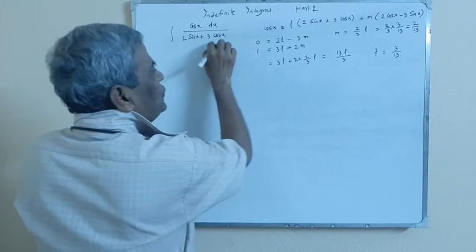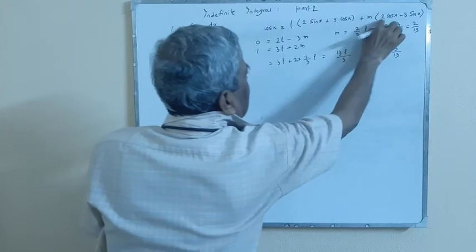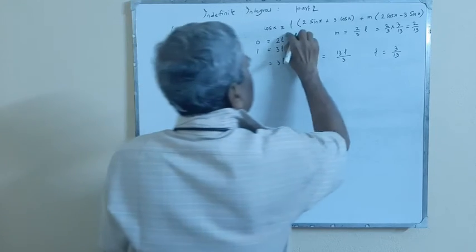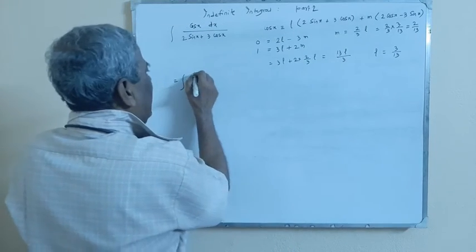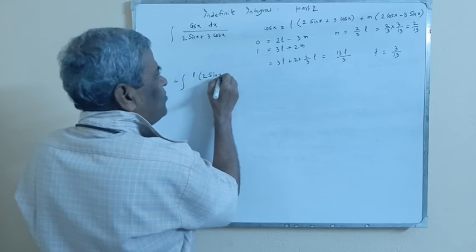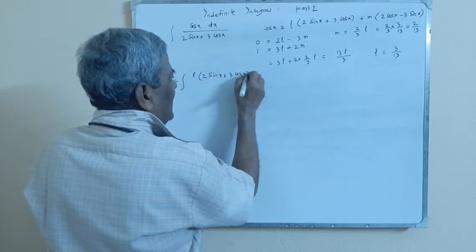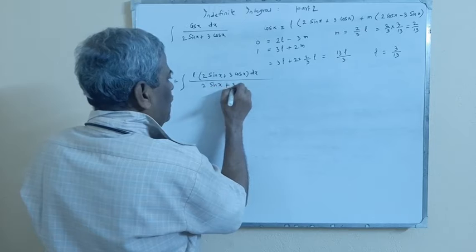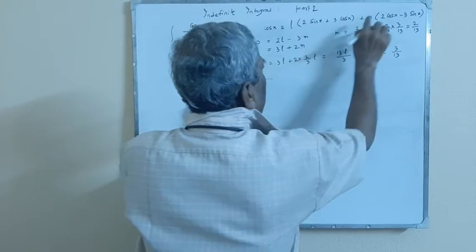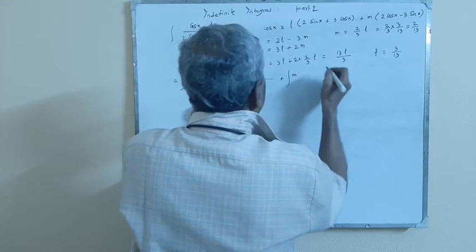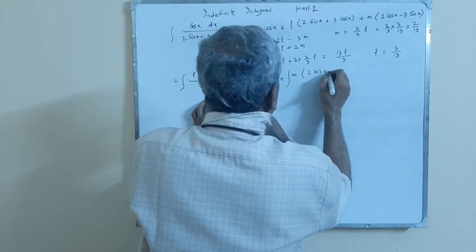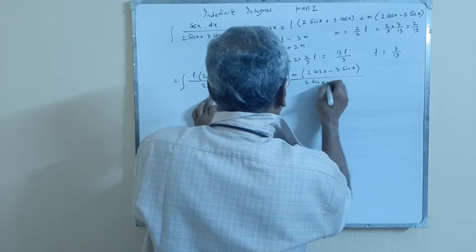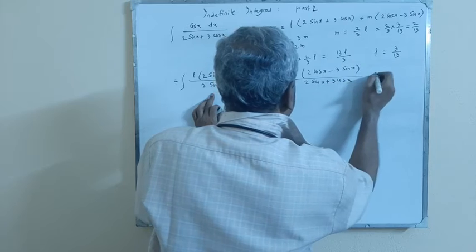So now cos x is equal to this. The integration is equal to, first of all, L into 2 sin x plus 3 cos x dx by 2 sin x plus 3 cos x, then plus M into 2 cos x minus 3 sin x divided by 2 sin x plus 3 cos x dx.